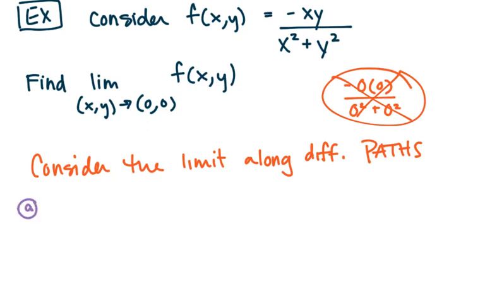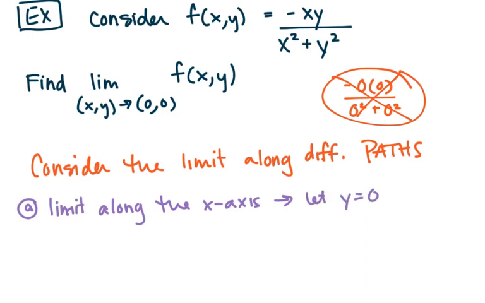So for example, one thing we can do is look at the limit along the x-axis. And so what does that mean? That means we would be letting y equal 0 in the function, which is going to give us this new function, f of x is negative x times 0 over x squared plus 0 squared. F of x is 0 over x squared.